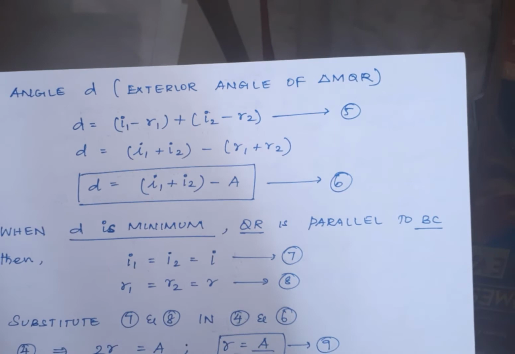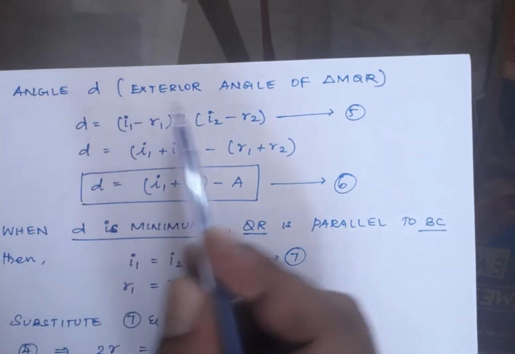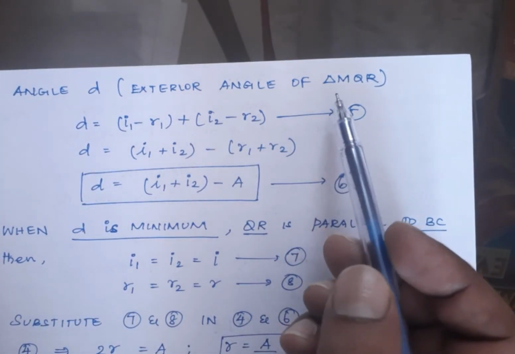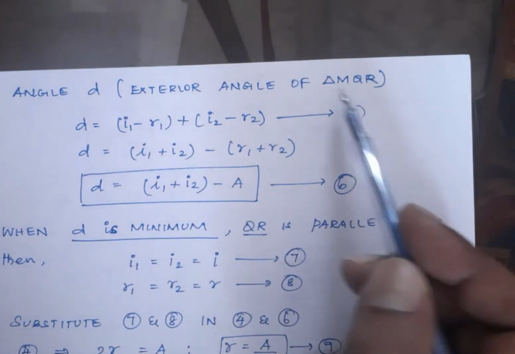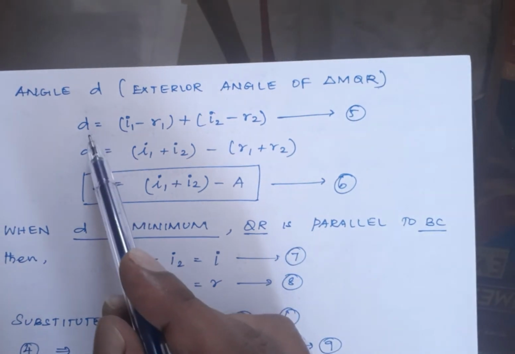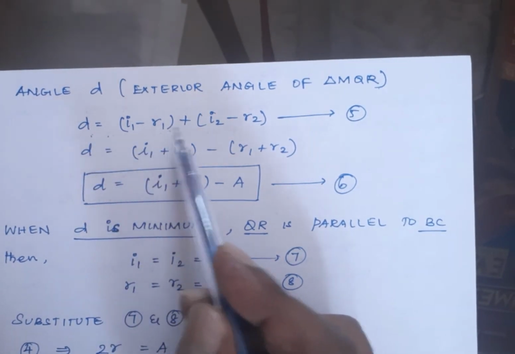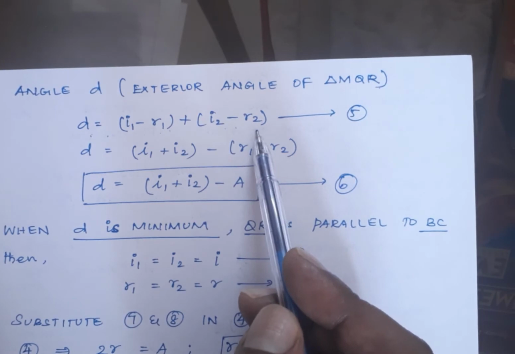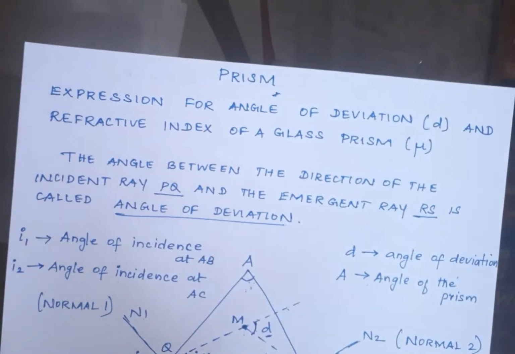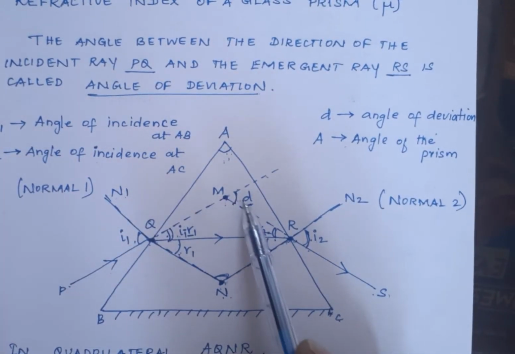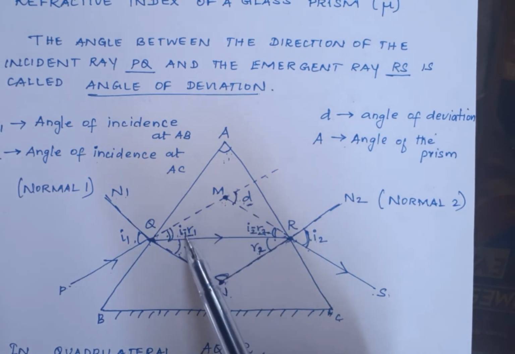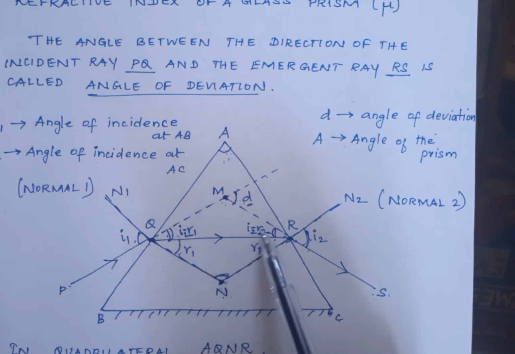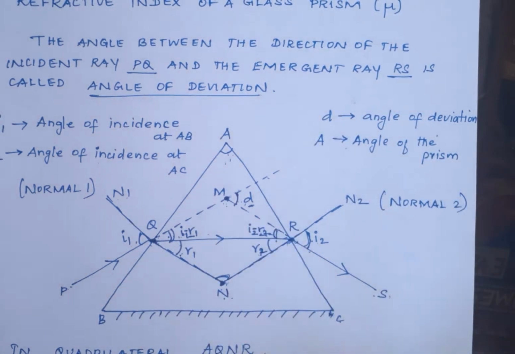Now angle D is the exterior angle of the triangle MQR, from which D is equivalent to I1 minus R1 plus I2 minus R2, the sum of the two interior angles for this exterior angle.